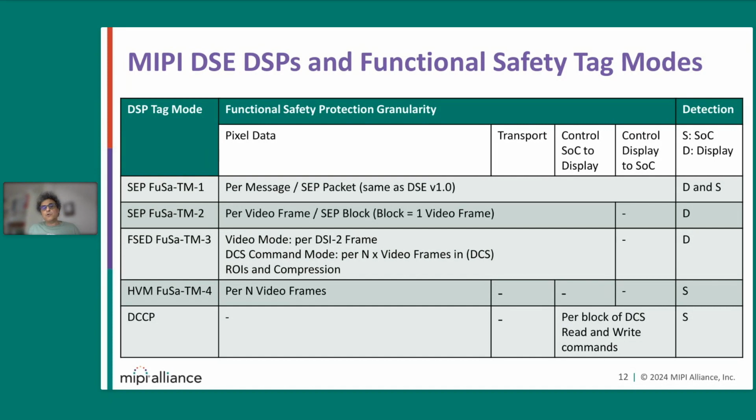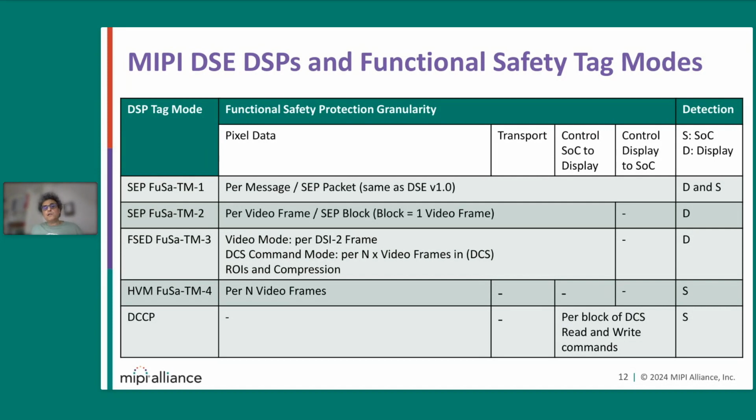In SEP tag mode 1, this is similar to DSE 1.0. We are protecting on the granularity of per message, and the detection of error can be done on the display side, on the downlink, and on the SoC side on the uplink.